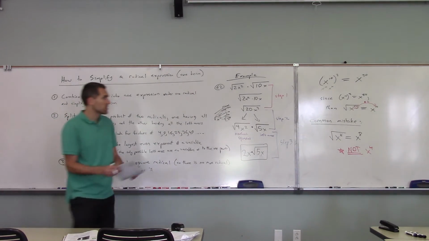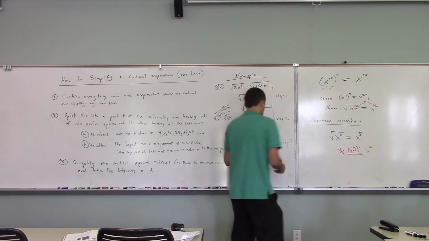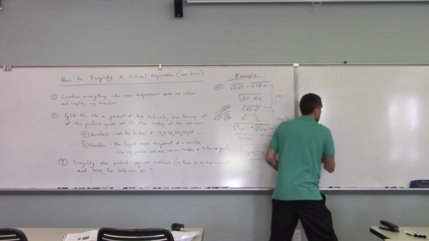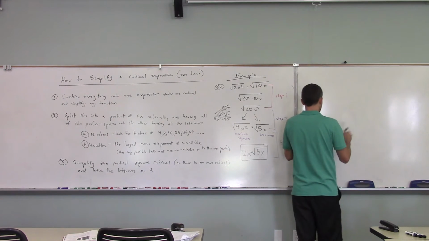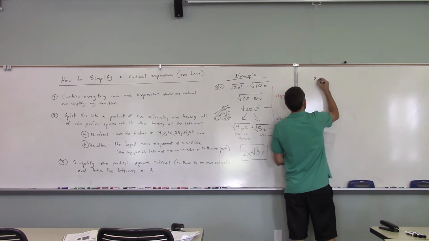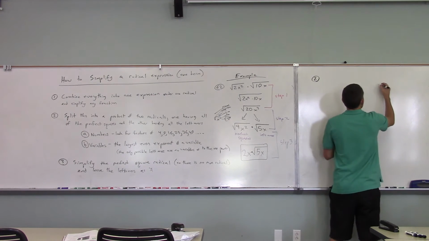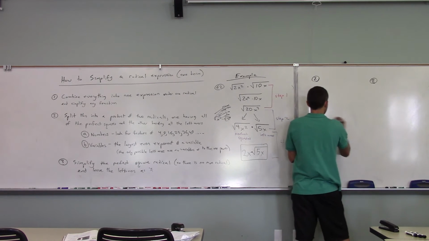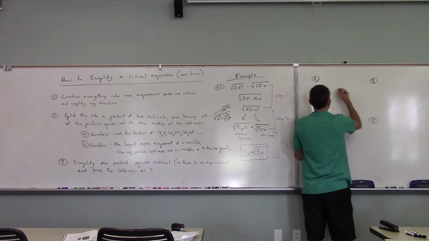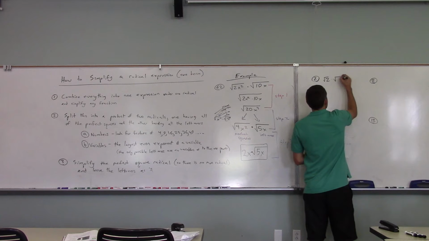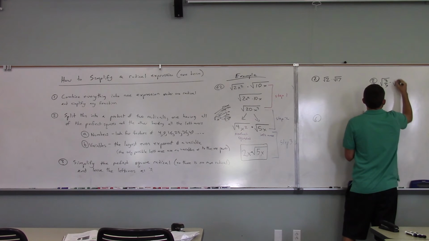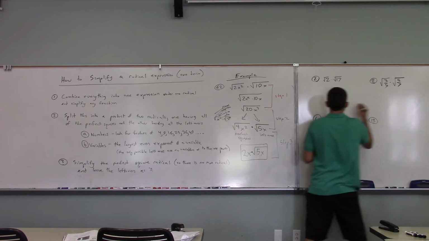Right, and then it's just a bunch of examples now, okay? So let's start with a bunch of easy ones, okay? Something like square root of 2 times square root of 17, 6, 12. The instructions for all of these are just simplify. Square root of 3/5 times square root of 5/7.